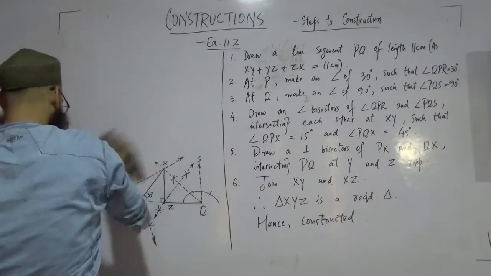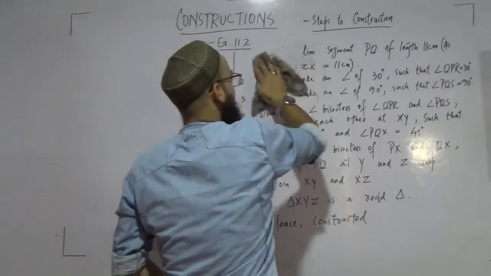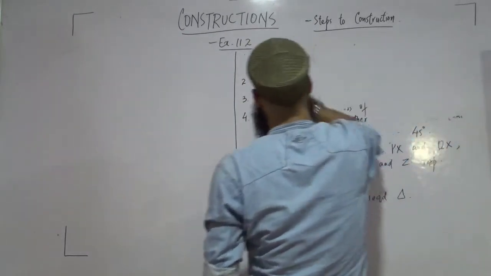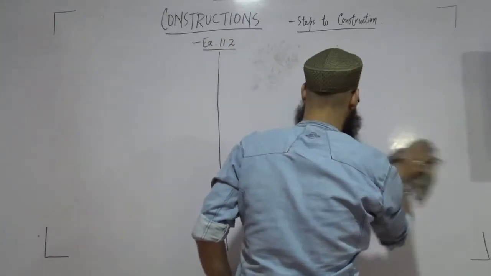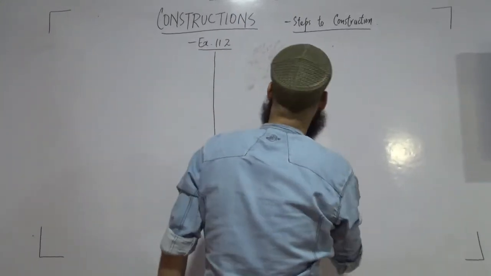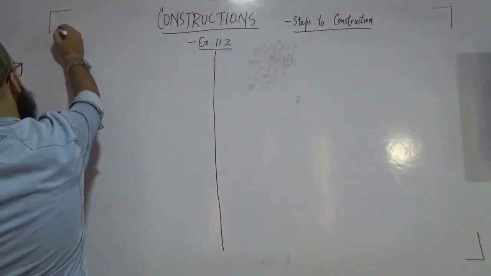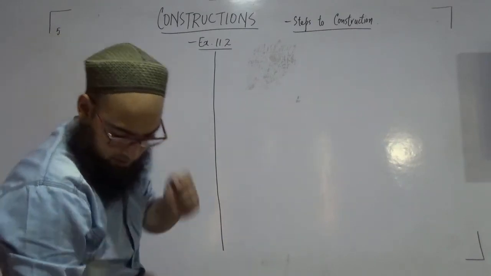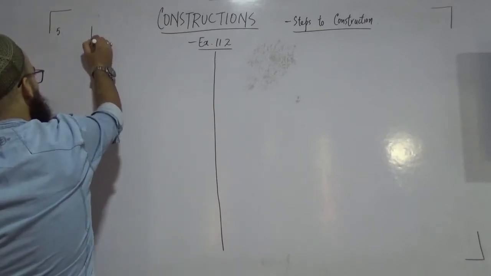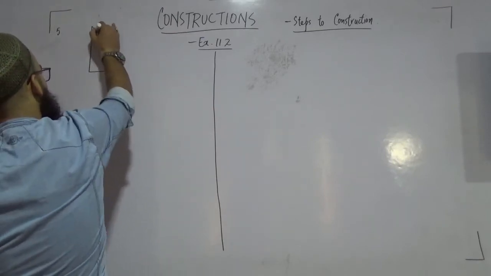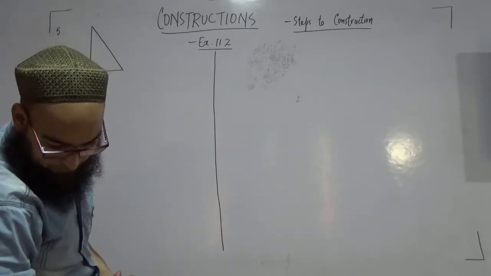Now let's have the last question of this exercise, rather this chapter. Question number 5. Construct a right triangle whose base is 12 centimeter.